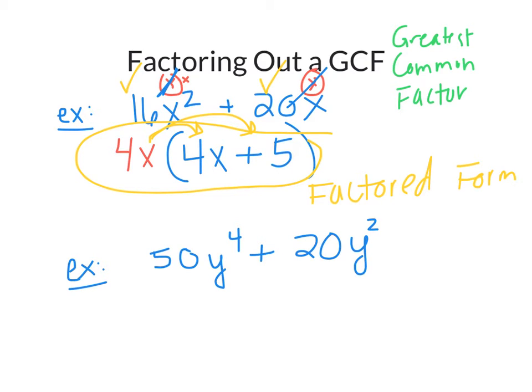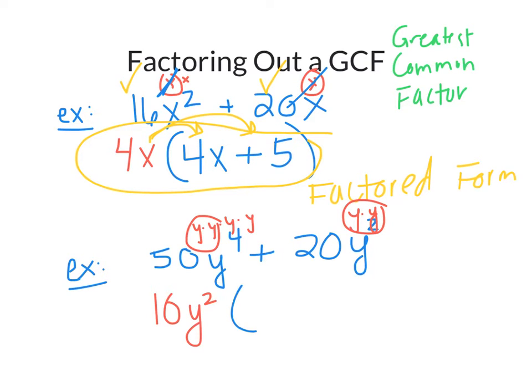Okay, so for the next one, let's see what our GCF is. 50 and 20 both have a common factor of 10. And then y to the fourth is y times y times y times y. Y squared is y times y. So they both have y squared in common. And when I factor that out, 10 out of 50 leaves me with 5.